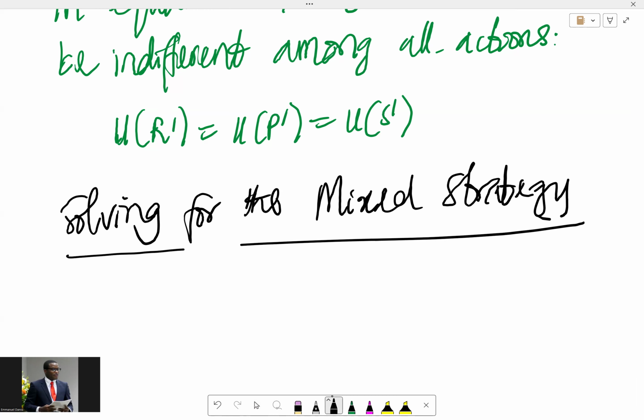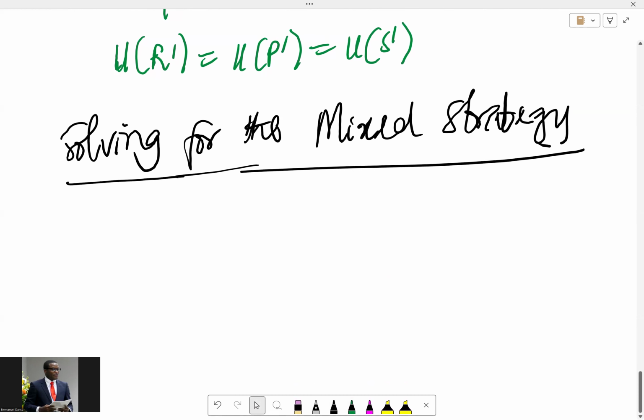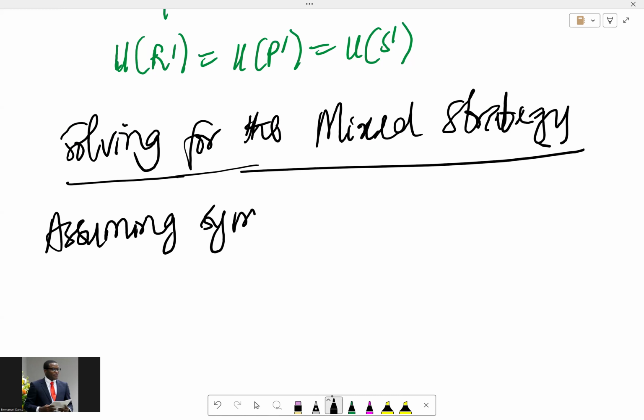So that simply means that we are assuming symmetry of strategies, as we've seen already.